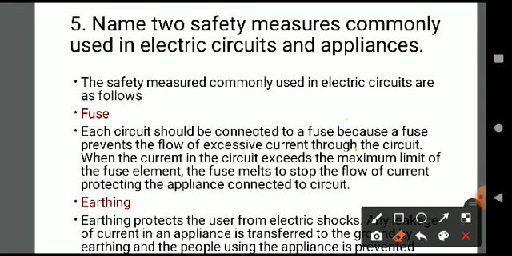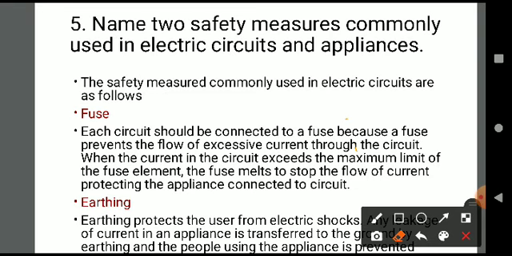So when excessive current will flow through the circuit, it is going to pass through the fuse as well. So the wire in the fuse will melt earlier, and on melting it will stop the flow of current.